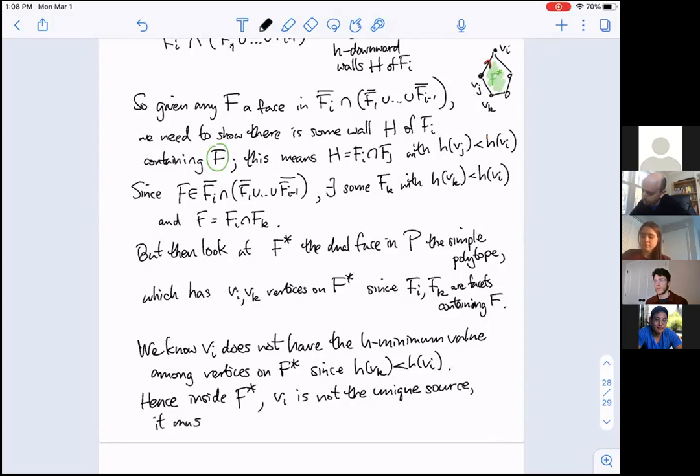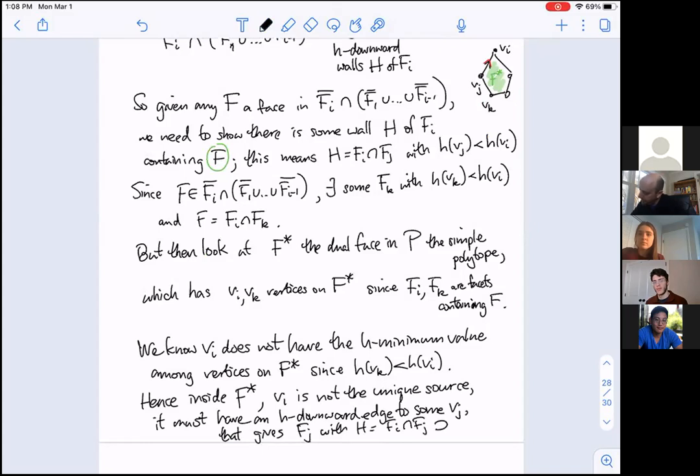It must have an H downward edge to some Vj, and that gives Fj with H equals Fi intersect Fj containing F, right?